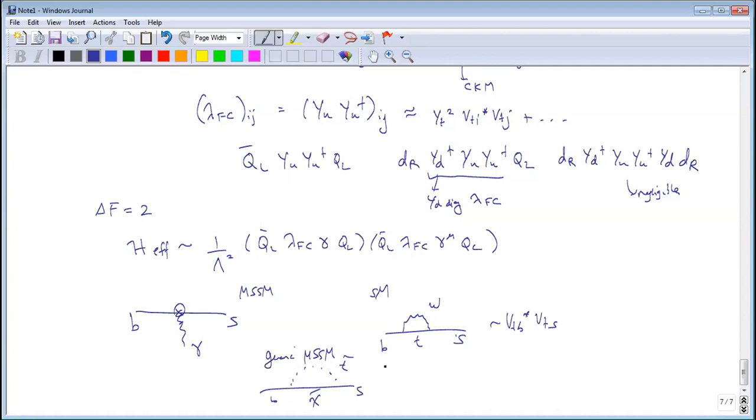And if it's generic MSSM, there's just going to be some coupling out there, delta TS, which would be some function of the stop over chargino mass in the loop. But if you have MSSM with minimal flavor violation, the same diagram becomes VTB star VTS.